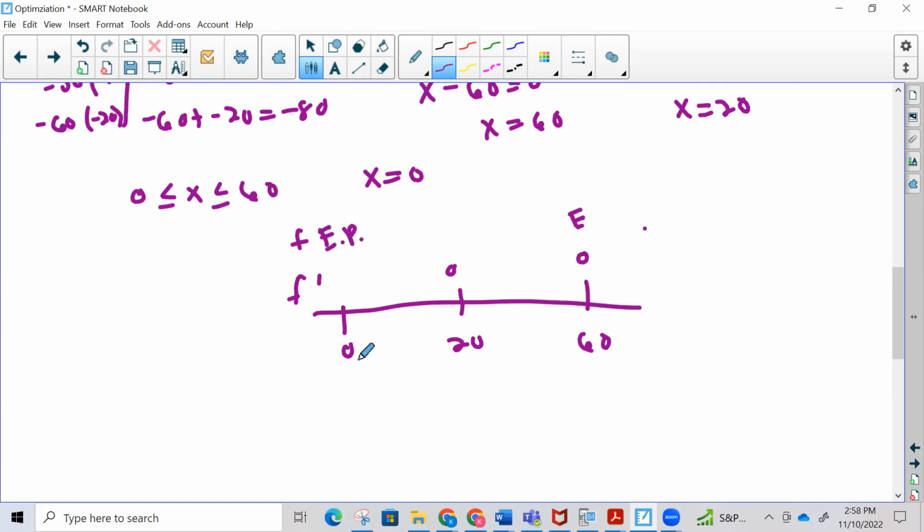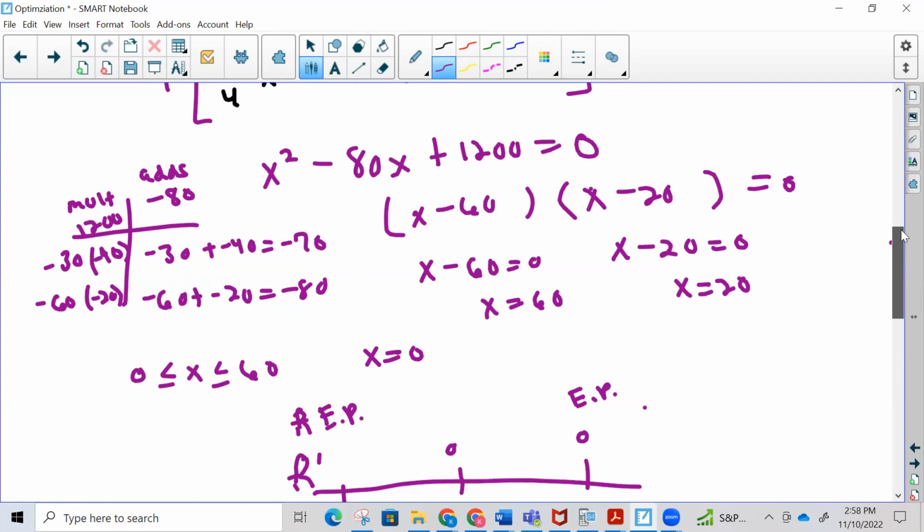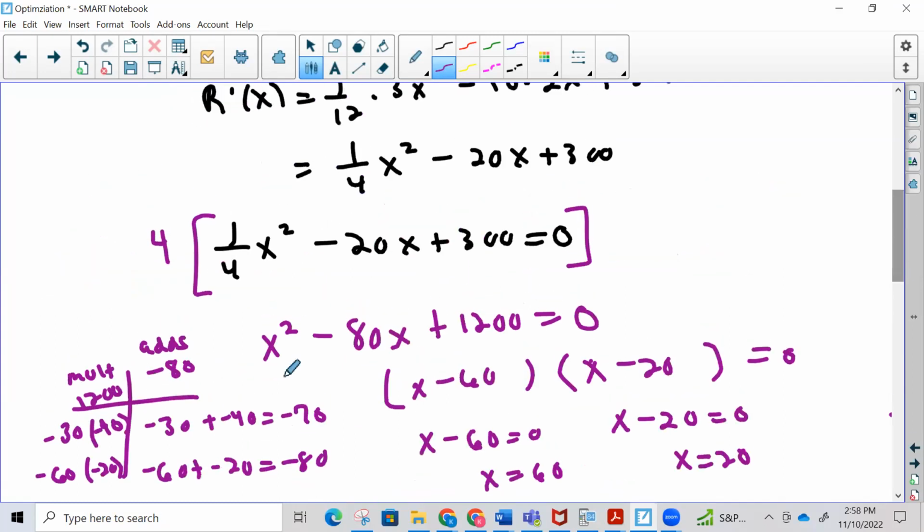And then I'm going to plug test points from each interval into the derivative. So I'm going to try like 10 because that's in this interval and 30 for this one. So I plug these values into the derivative. I guess I should say R and R prime because we're doing R. Now for this one though, you cannot plug it into this.